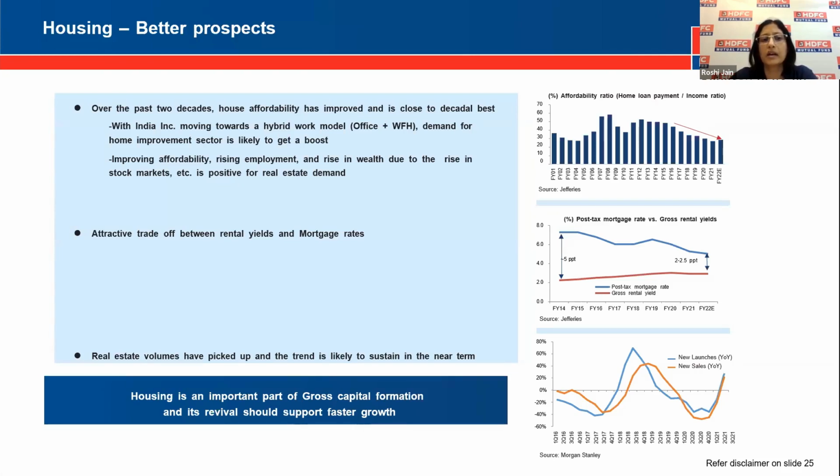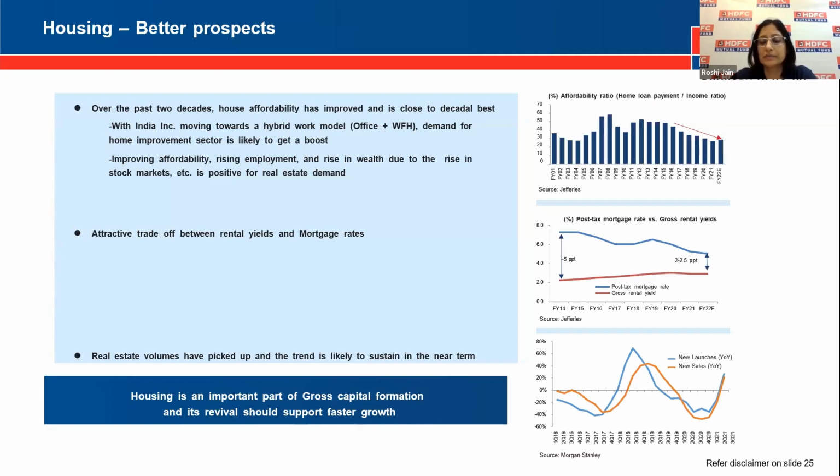At the same time, we've also seen that the launch activity had come off because of government initiatives like RERA, which led to a consolidation of developers, and because of the NBFC related issues, which cut out a lot of developers from funding.